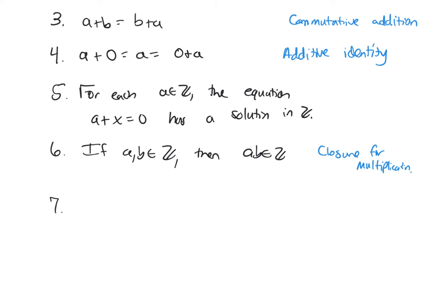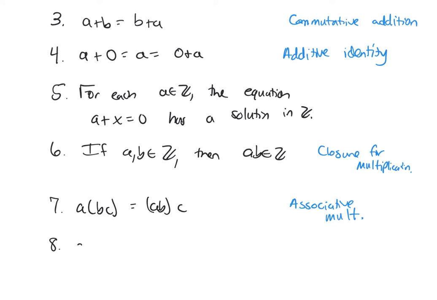The seventh one says if I take a times b times c, it's the same thing as a times b, times c. Again, we just moved our parentheses. So this would be that our multiplication is associative.